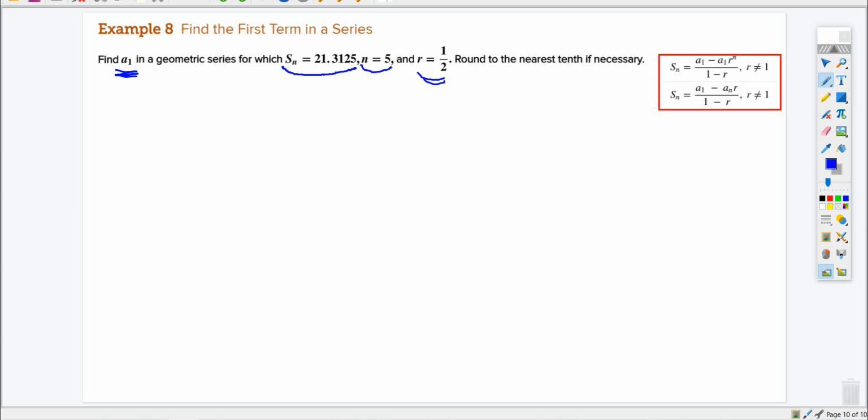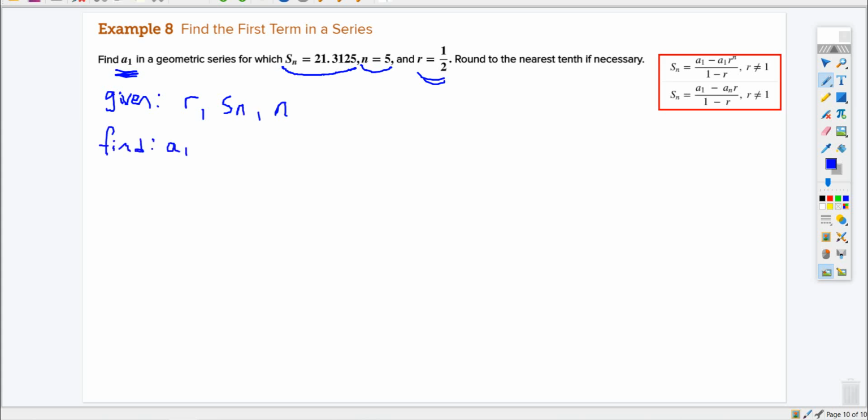So it's actually a backwards question, since we are given r. Let me write them here. We are given r, we are given Sn, we are given n, and we are looking for A1.